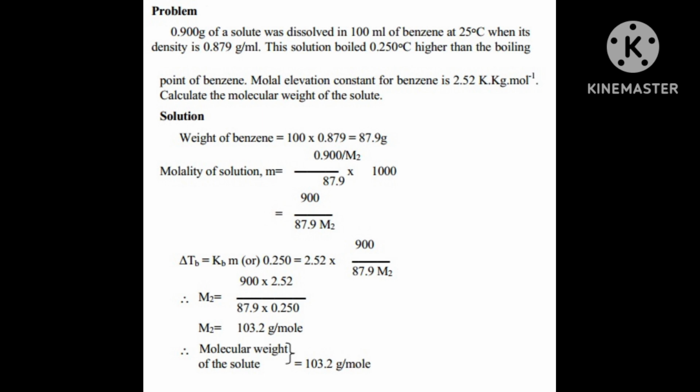Here, if pure solvent vapor pressure is there, as for example water, then it will boil at exactly 100 degrees centigrade. At that time the vapor pressure will be 1.013 bar.